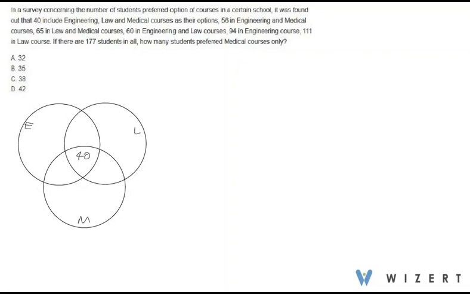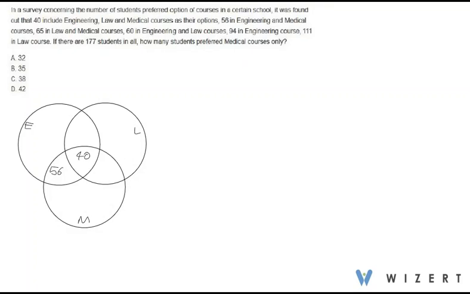56 in engineering and medical courses. So this much portion is representing people who put engineering and medical courses in their options. So this portion is representing 56 students.